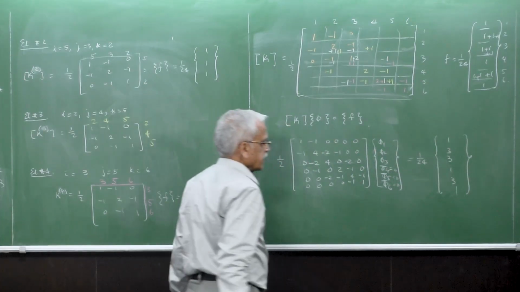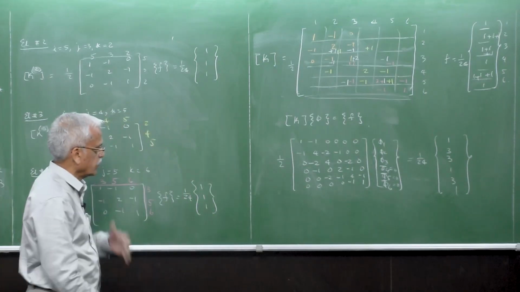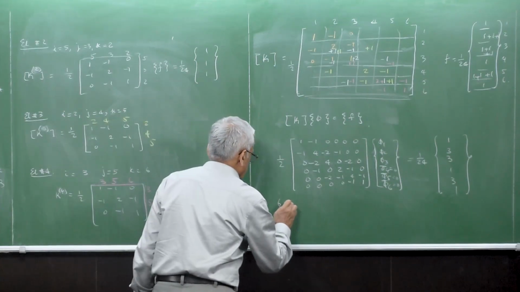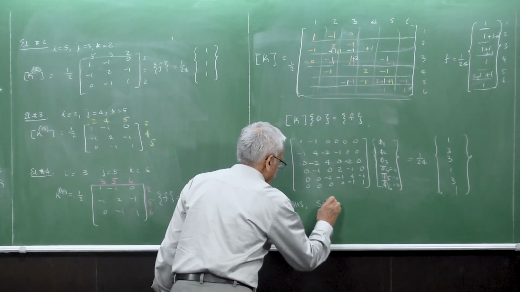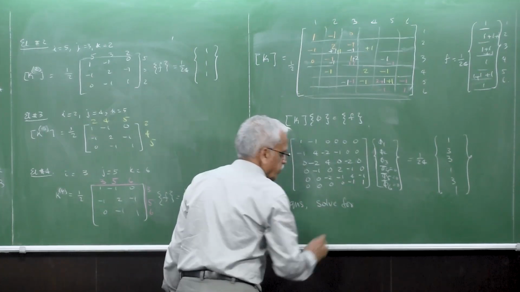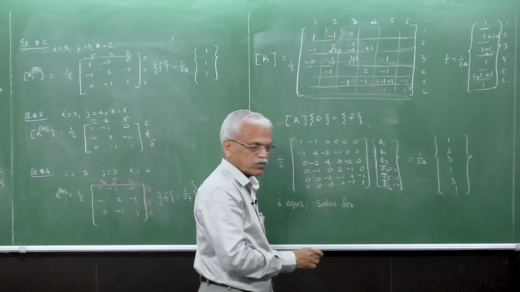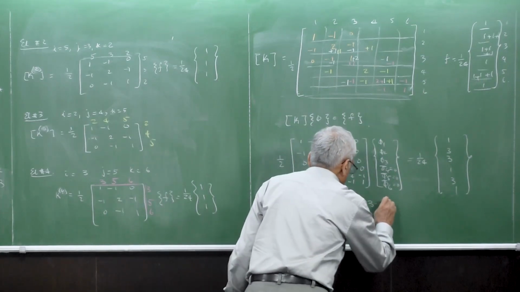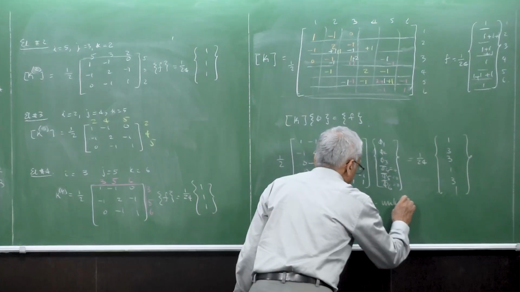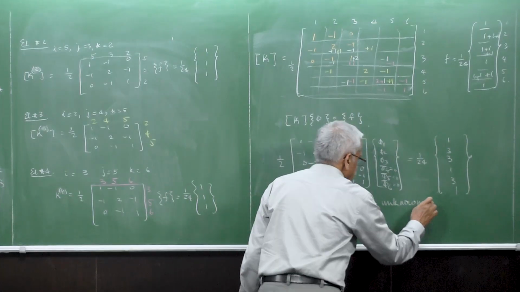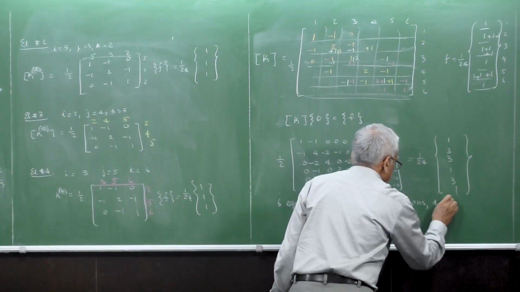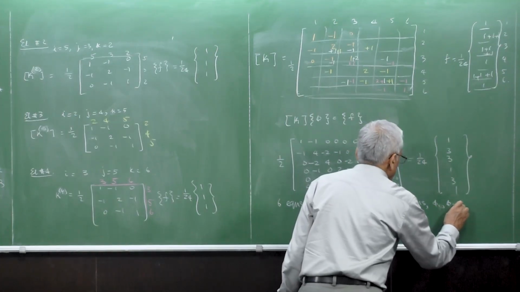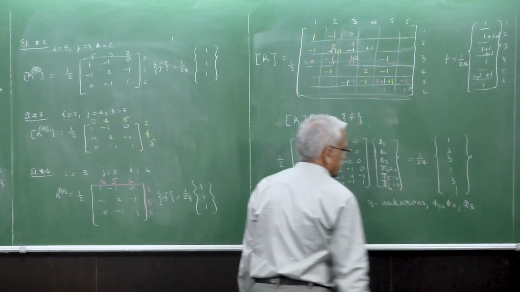Now the question is that there are 6 equations here, and we have to solve for how many? 3 unknowns, right? Which are the 3 unknowns? Phi 1 and phi 2 and phi 3.